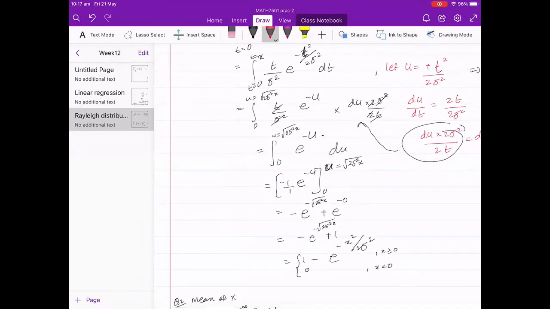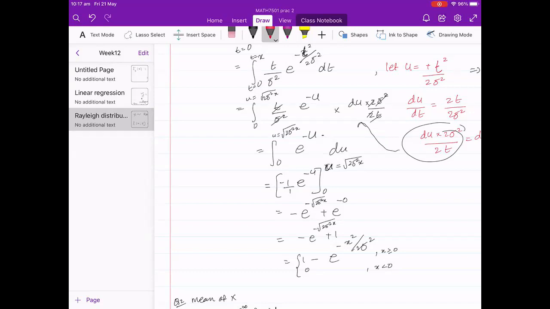The next question I've asked is to show that f(x), that is the PDF, is a valid probability density function, which means by showing that the integral over 0 to infinity is 1.